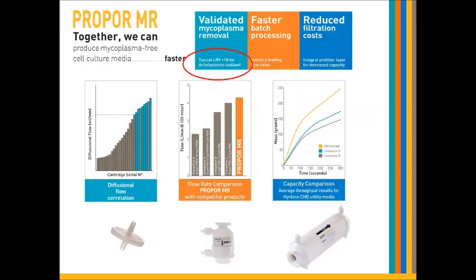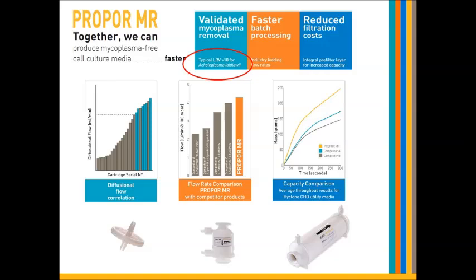So what does Parker Domnick Hunter come up with? About a year ago, we launched a product called ProPore MR for mycoplasma reduction. The unique feature about this particular filter is it is 2 layers with a highly asymmetric 0.1 micron layer, and it is validated 3 log higher than most competitive filters on the market.